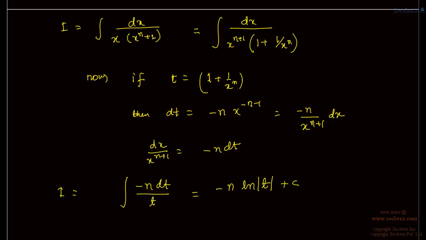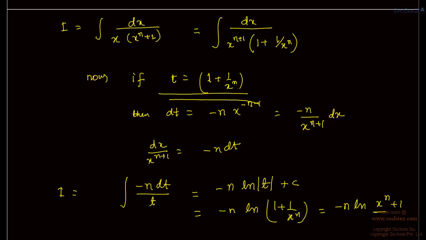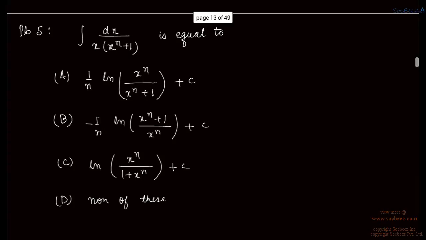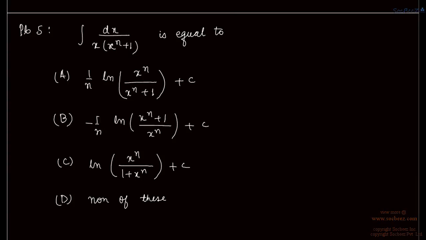Now t, we have substituted t as this number, so replacing with the original value, we will be getting minus 1 upon n ln 1 plus 1 upon x to the power n, which is equal to minus 1 upon n ln x to the power n plus 1 upon x to the power n, plus some constant. So if we check the options, from here we can say that option B is correct. Okay.